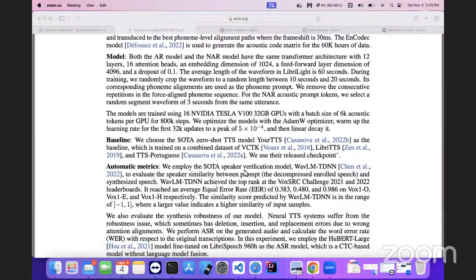I was just trying to see what it will take to train such a model, and they have mentioned 16 NVIDIA V100s were used. That's a lot of V100s, but I'm curious how this maps to 4090. Can four 4090s do this? I don't know.